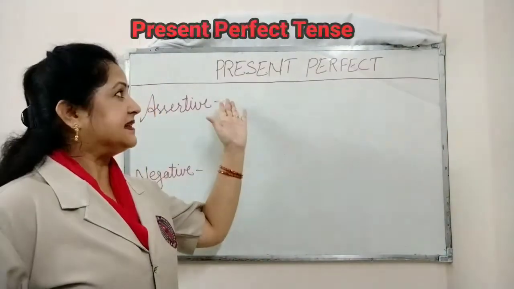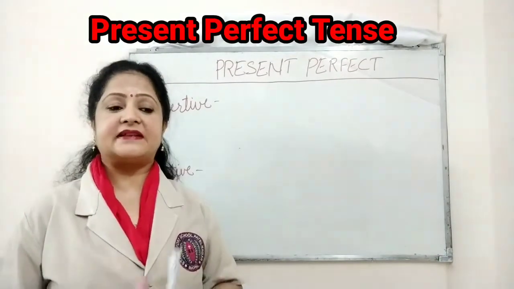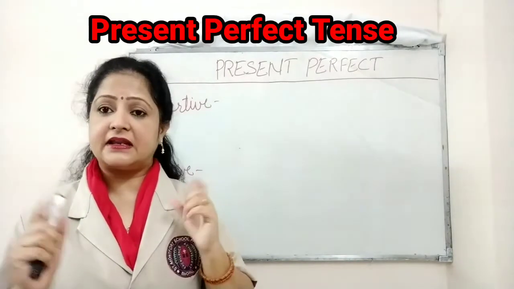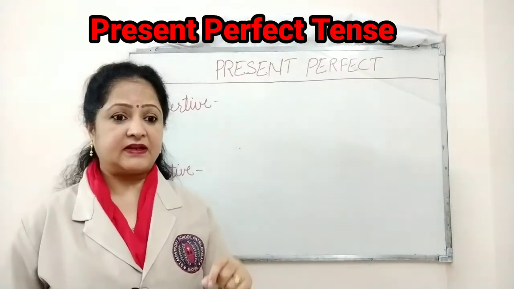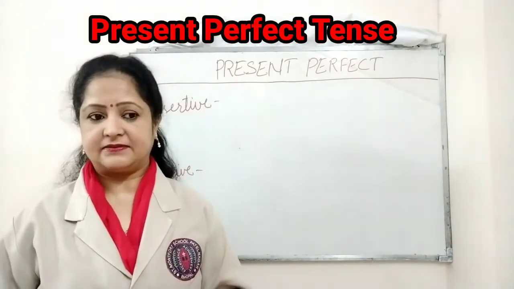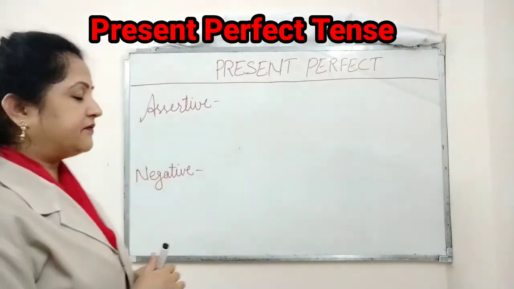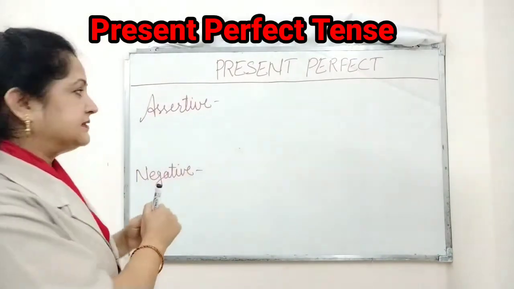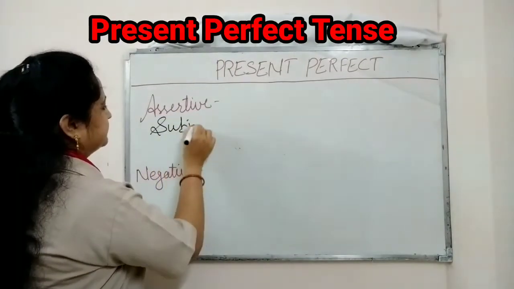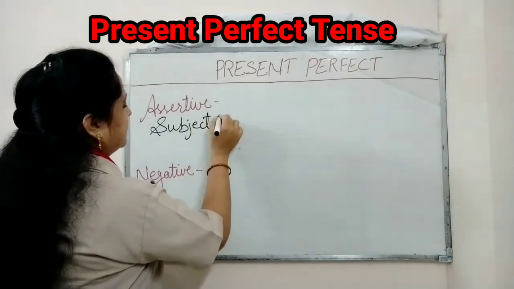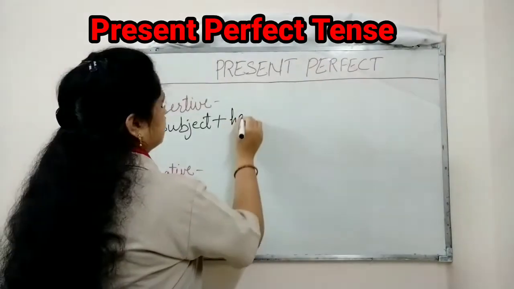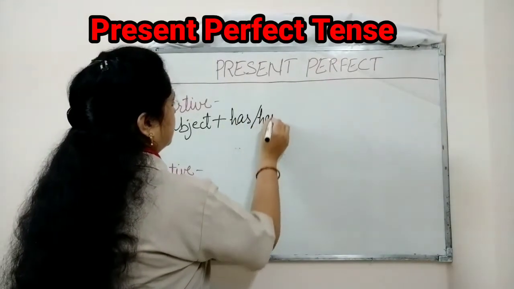Next is present perfect tense. The present perfect form of the verb is used to talk about an event happening in a time period beginning in the past and leading to the present. We write it this way. First of all, again we write the subject. After the subject, we write the helping verb or auxiliary verb, has or have, according to the subject.